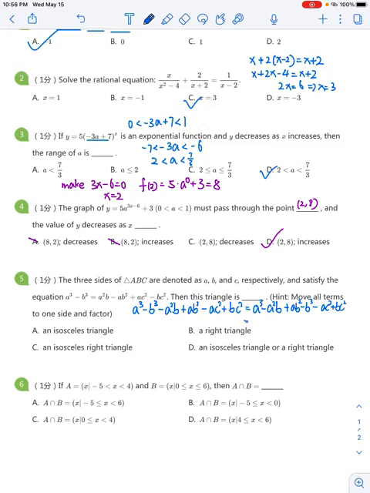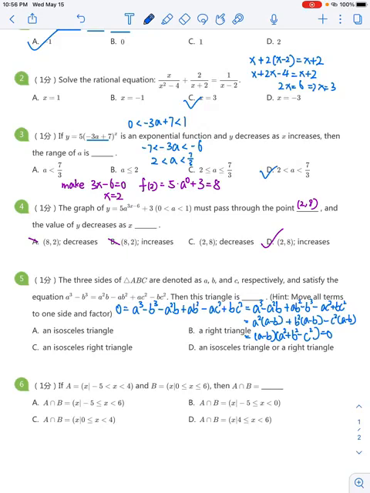Then we can factor out a squared from the first group to have a minus b, and then factor out b squared to have a minus b, and lastly factor out c squared to have a minus b. Then we can factor out the a minus b, and this will be a squared plus b squared minus c squared, equal to 0. Because after we move all of this to one side here, this is just going to be equal to 0.